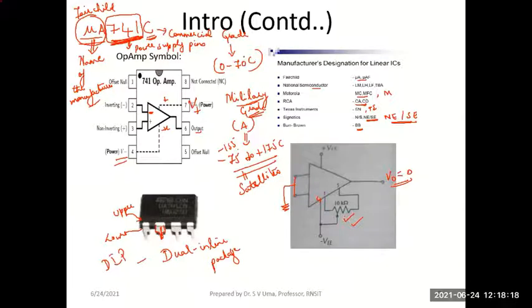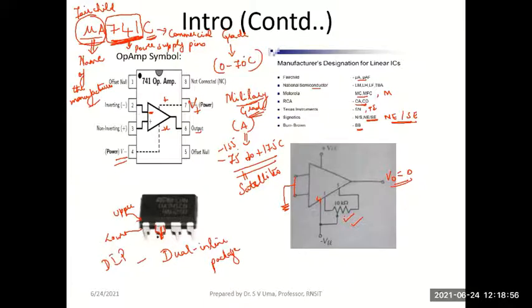But in this op-amp, just for the sake of remembrance, you can remember 741: 7 and 4 are associated with the positive and negative supply, the DC biasing supply which we give for the op-amp to work, given at pin 7 and pin 4. And C here, usually you can have a C or A. C indicates commercial grade op-amps, where 0 to 70 degrees centigrade is the operating temperature range. And A indicates military grade op-amps where the working range is much larger.